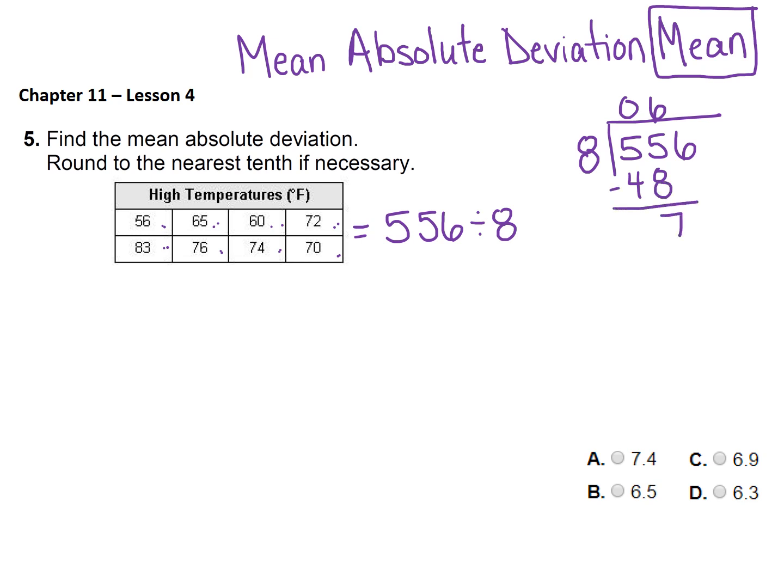Bring down the 7. 9 times 8 is 72. 5, 40. All right, so your mean is 69.5.